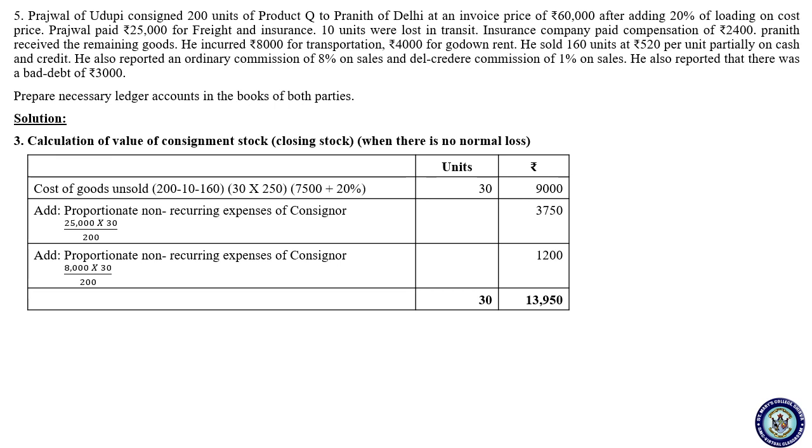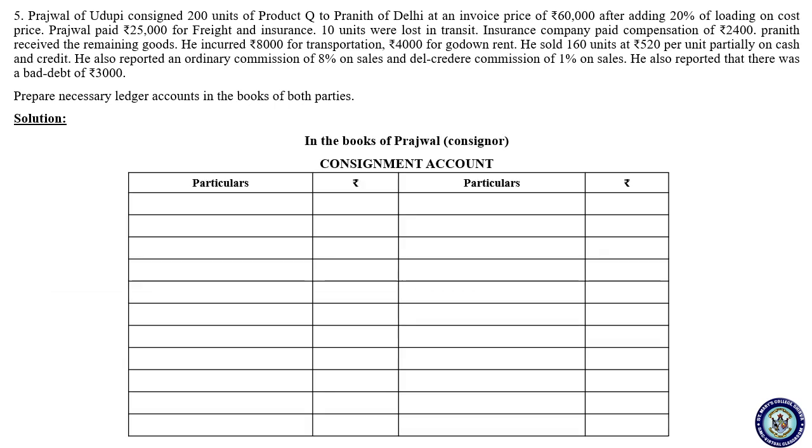So after this, we'll prepare the ledger accounts. Draw the lines for ledger accounts. In the books of Prajwal, that is the consignor, you have to prepare the consignment account.